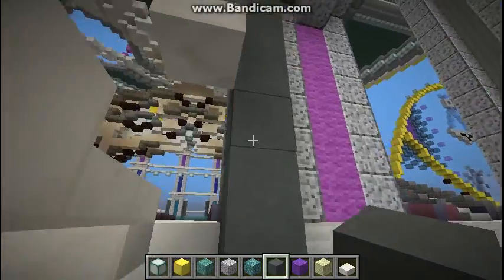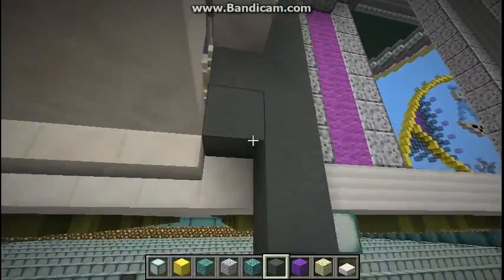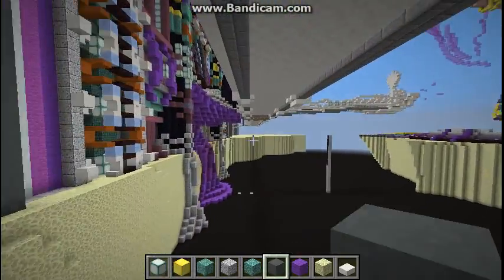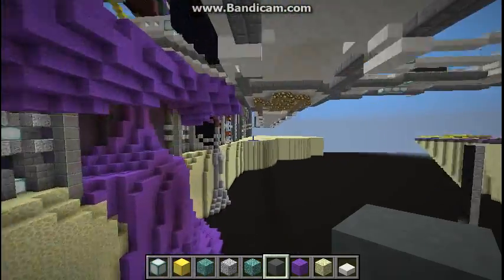That's enough for there. I'm going to do that to this side with 3. Then all the way back over here to copy that over there.